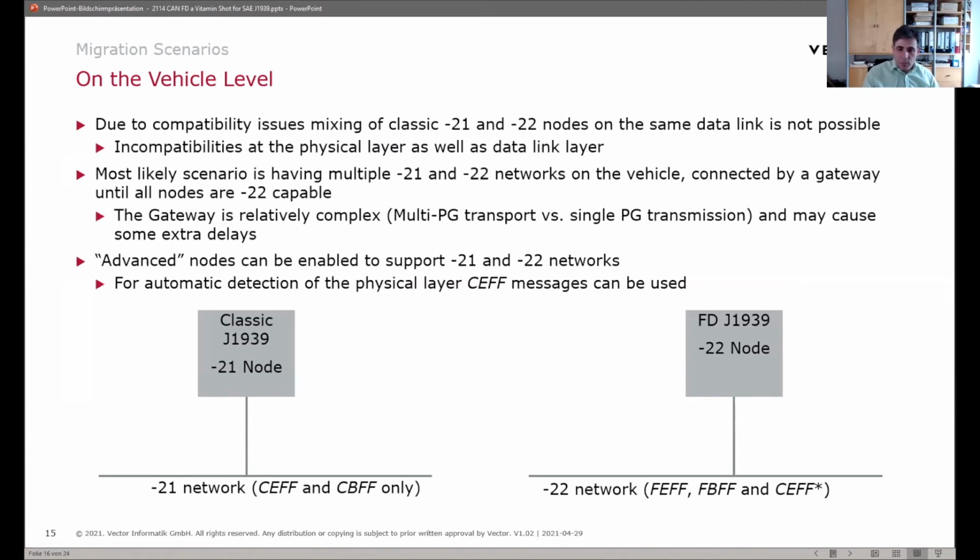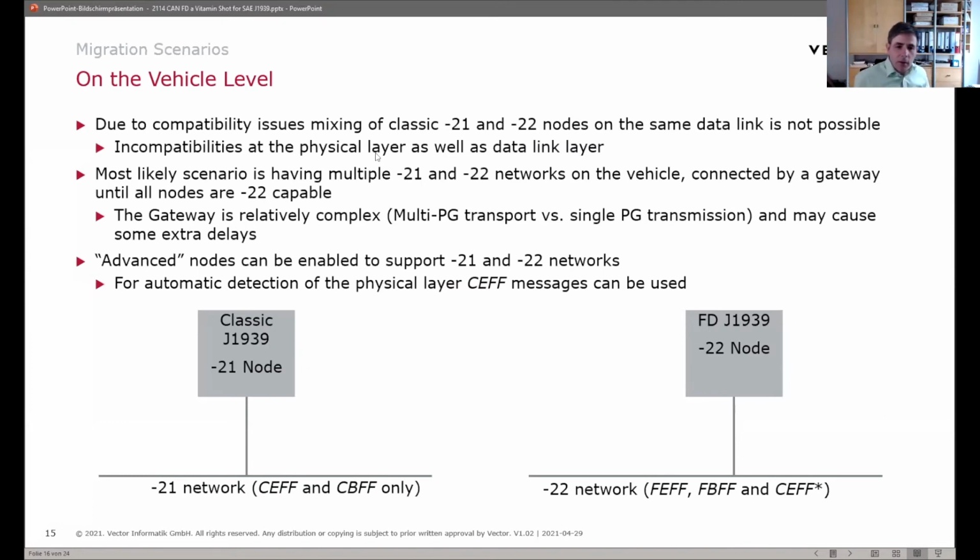It is not possible, and the FD node will not utilize classical CAN frames. So therefore, it is not possible to use a classical node in a new world, and a new node which is not specifically prepared in an old network, because of the physical layer as well as the protocol layer. So this is simply not possible.